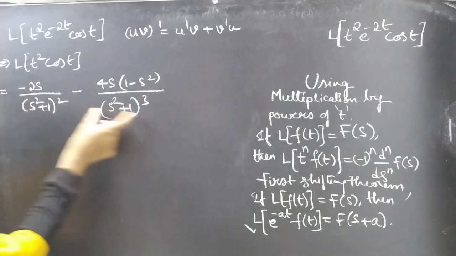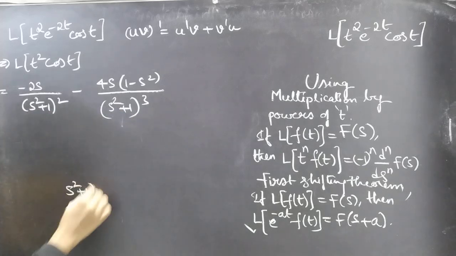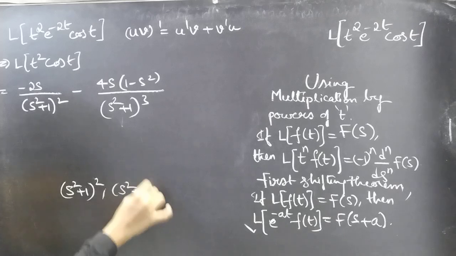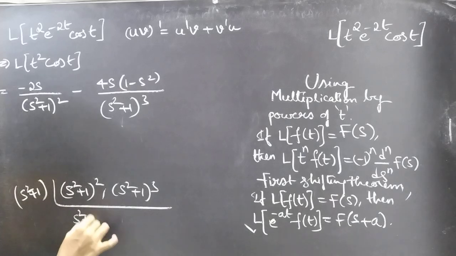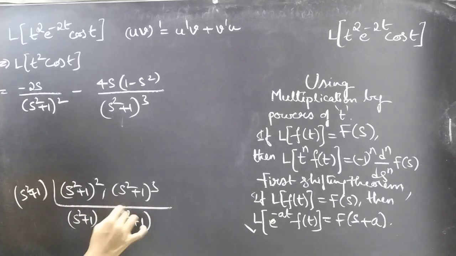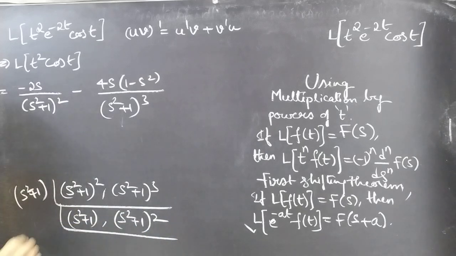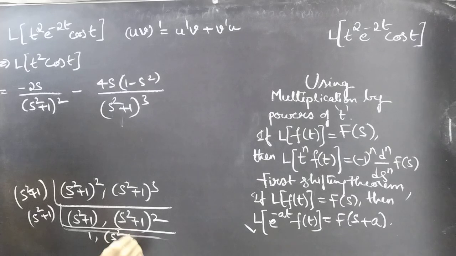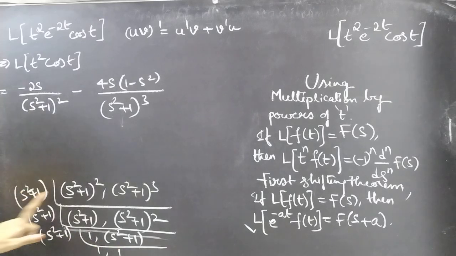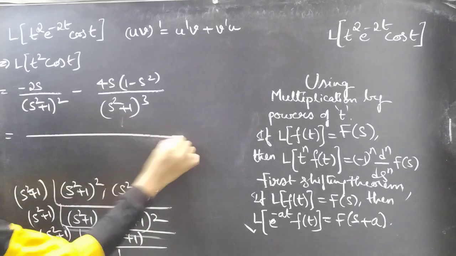Now take the LCM of s square plus 1 whole square and s square plus 1 whole cube. The LCM of these two is s square plus 1 into s square plus 1 into s square plus 1, which is s square plus 1 whole cube.